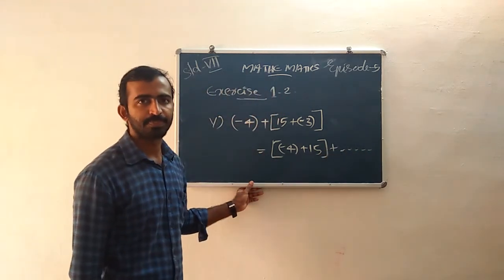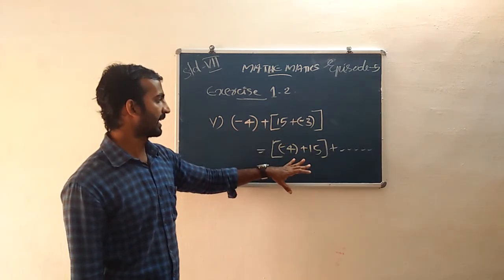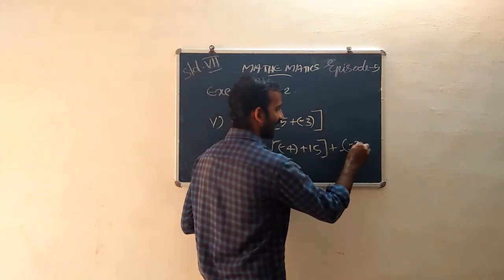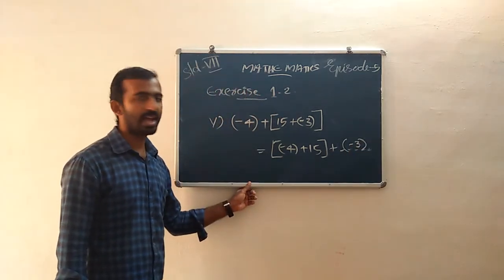What is the answer? Here negative 4 plus 15 plus negative 3, and so the blank is negative 3. Is it? Yes, this is the answer.